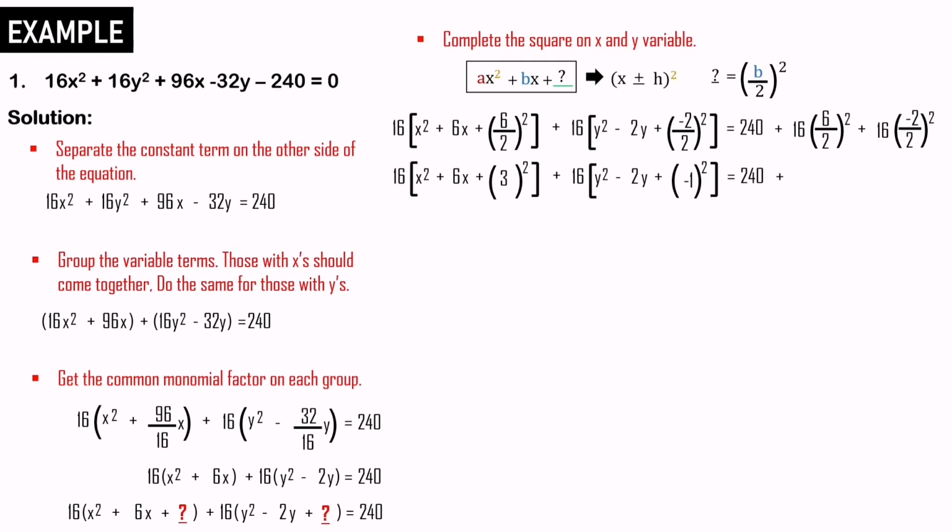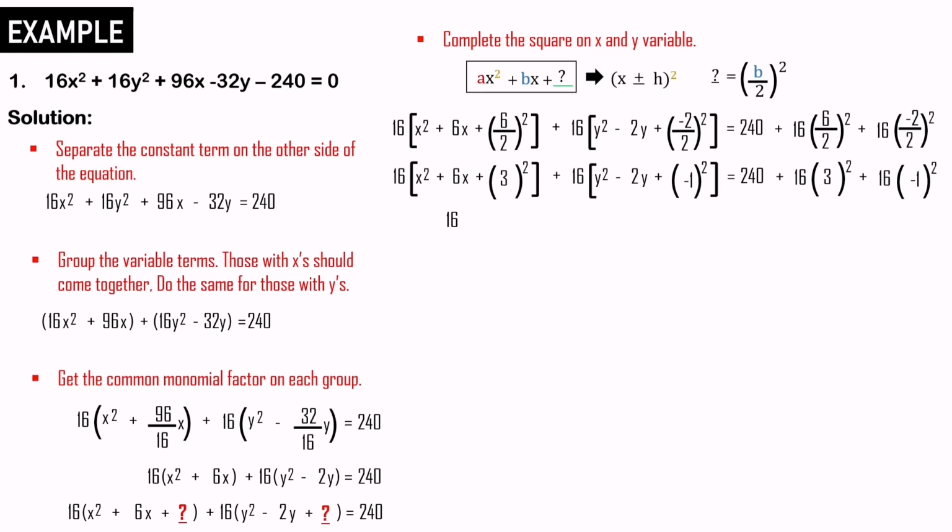240 plus 16 times 6 divided by 2, 3 squared plus 16. Negative 2 over 2 kay negative 1. So, times negative 1 squared.